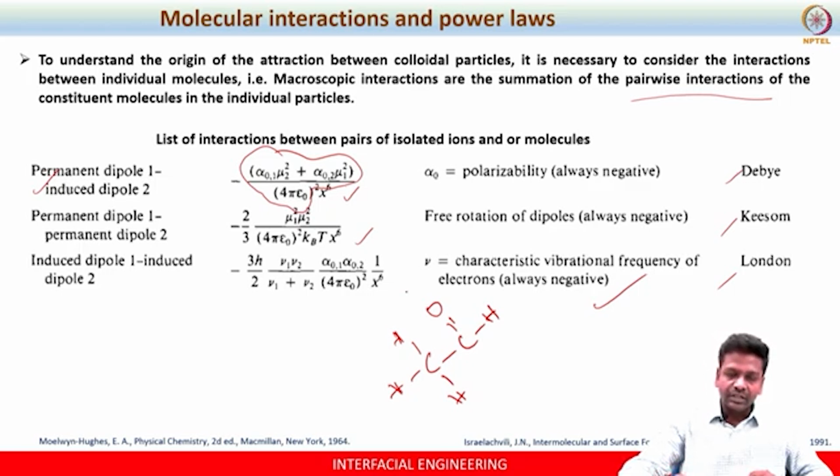So naturally this will gain a net negative charge, because the oxygen atom is more electronegative and can hog more electrons towards it. And because of which, if the center of mass is somewhere here, there will be a net positive charge somewhere on the opposite end. So in this way, this molecule will carry a permanent dipole within it.